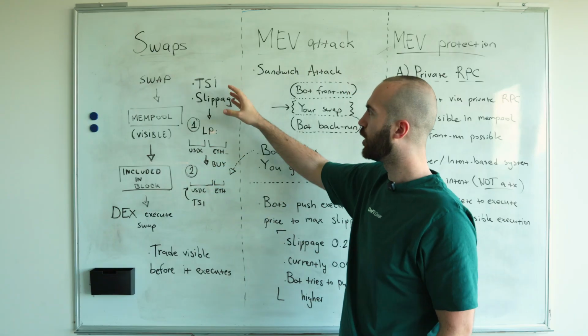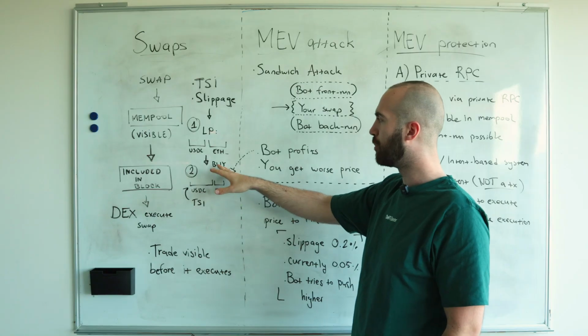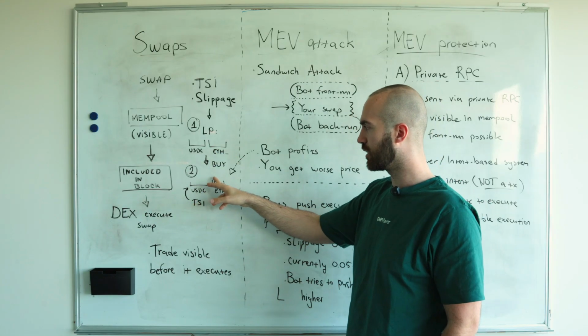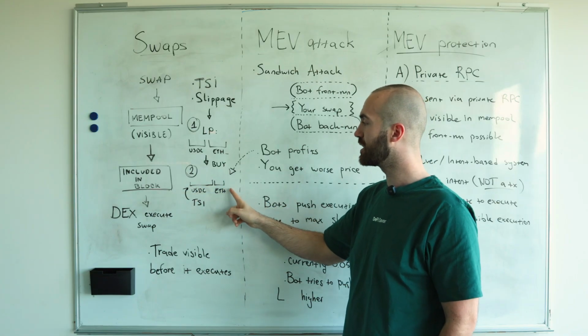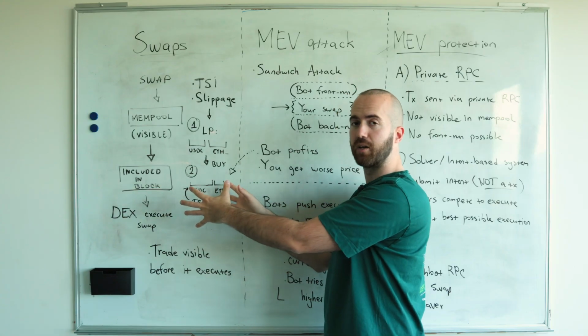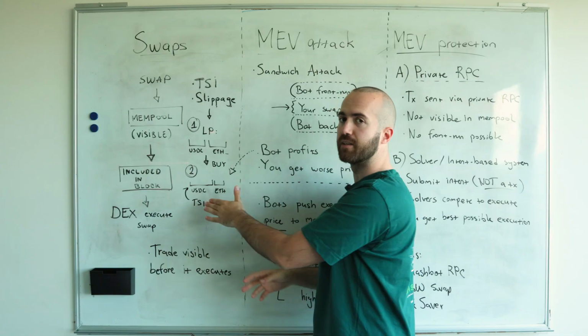So think of it this way. We perform a swap and say we want to buy some ETH. We're going to add more USDC into this pool. We're going to take ETH out. And this has essentially an impact on the proportion of assets within this pool, which is the trade size impact.